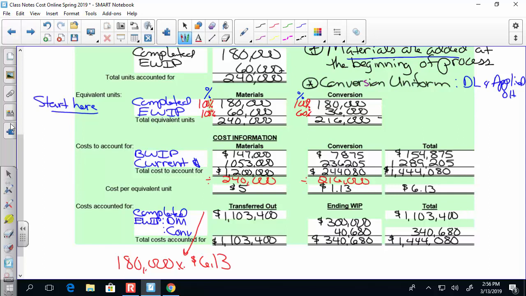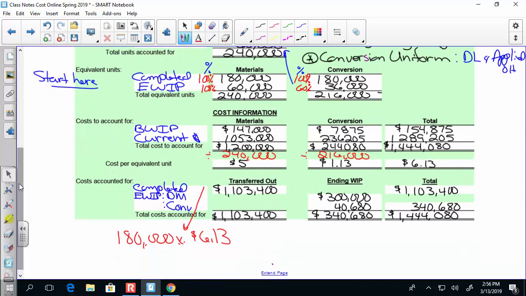When we get to the ending units, they were added at the beginning for material, but for conversion, they're only 60% done as far as labor and overhead. So 60% of 60,000 of our whole units in step 1 converts to an equivalent unit of 36,000.